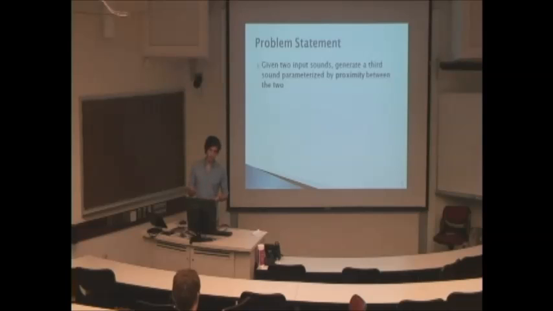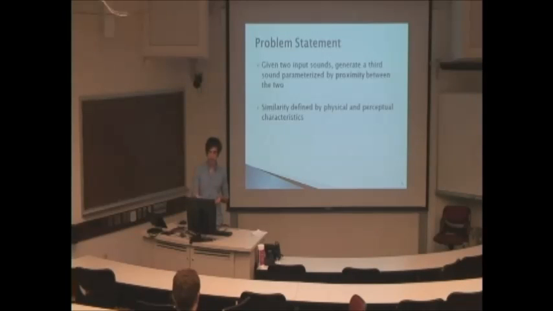So what we want to do instead is create a system where given two input sounds, we create a third sound that is parameterized by its proximity between the two inputs. So you can imagine that there would be one input and this sound moves continuously in a way that is perceived continuous from one to the other.